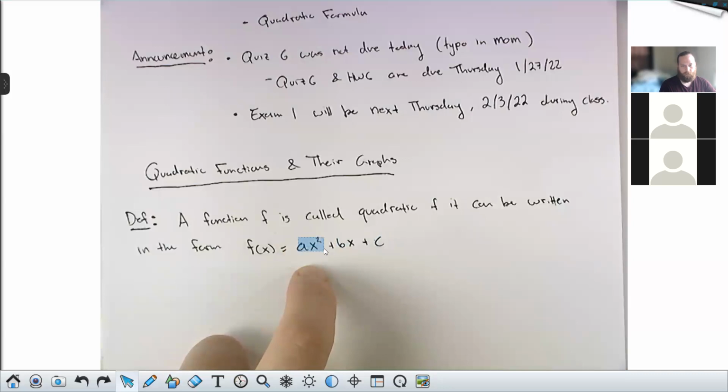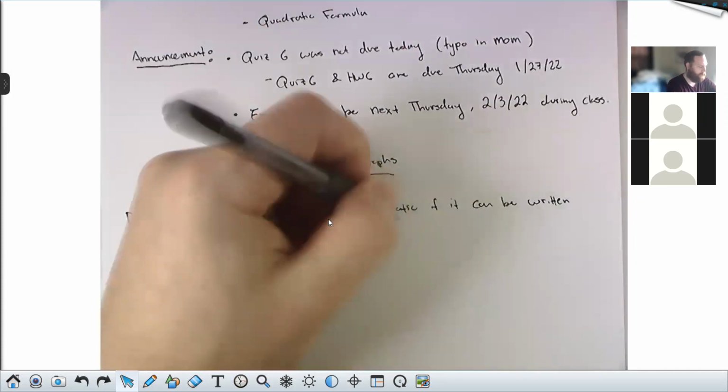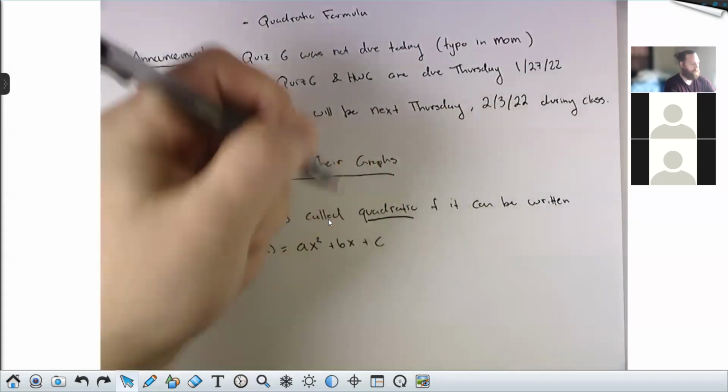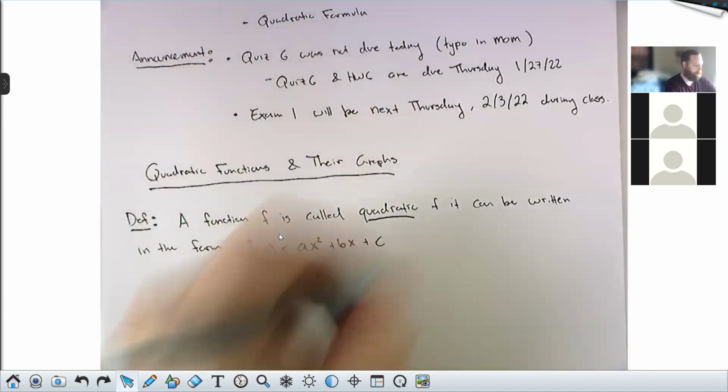Quadratic functions have those, but also x to the 2 terms. And our next section after we finish the unit on quadratics will extend these even further to have x cubed, x to the 4, x to the 5. But for now, a function is called quadratic if it can be written in this form. And this form is generally called the standard form or expanded form.